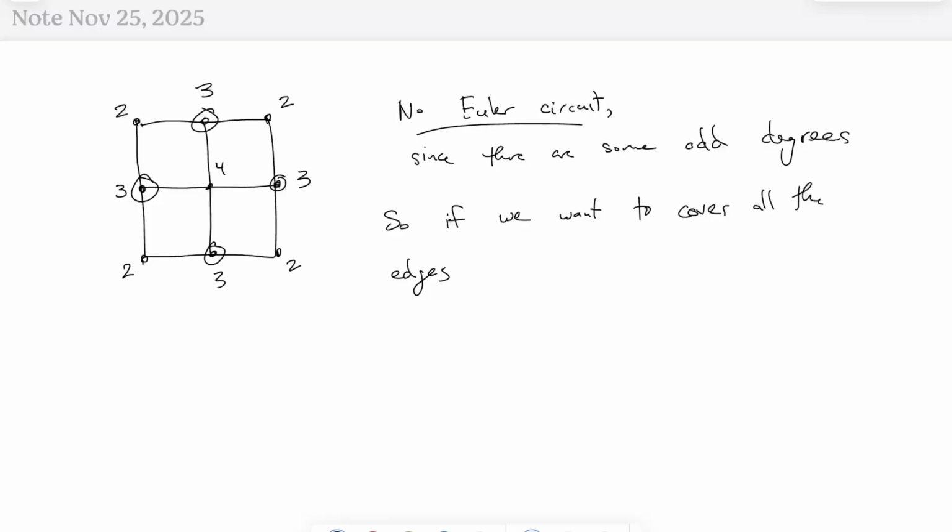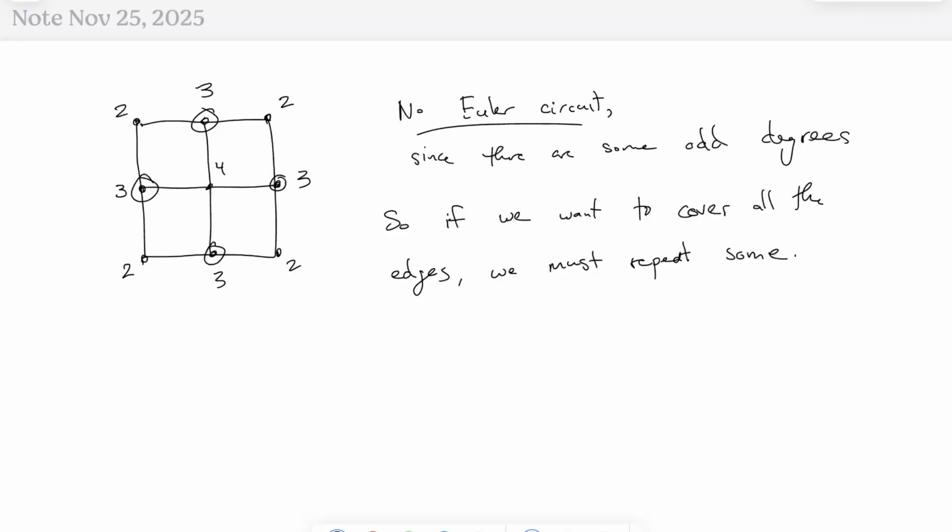And I said it's not possible in this example, which means if you want to cover all the edges, we must repeat some of them. All right, and the big question that I want to talk about today is, how many do you have to repeat in this example?